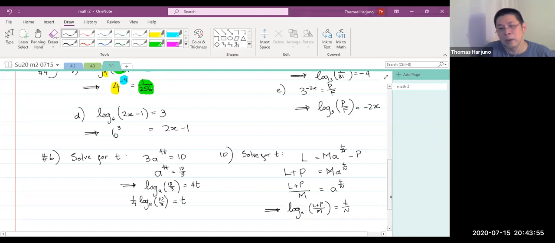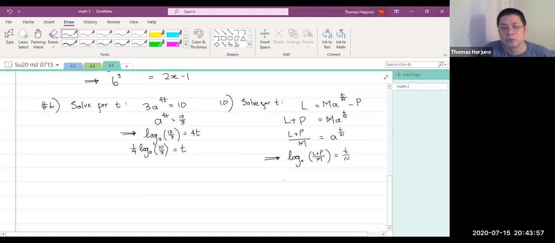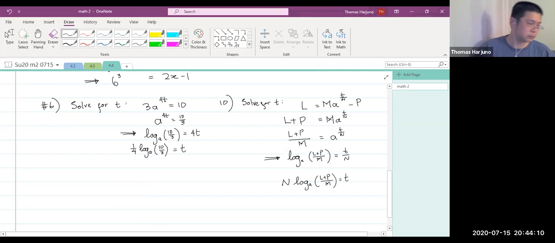Then multiply by n. So n times log base a of (L plus p over m) equals t.